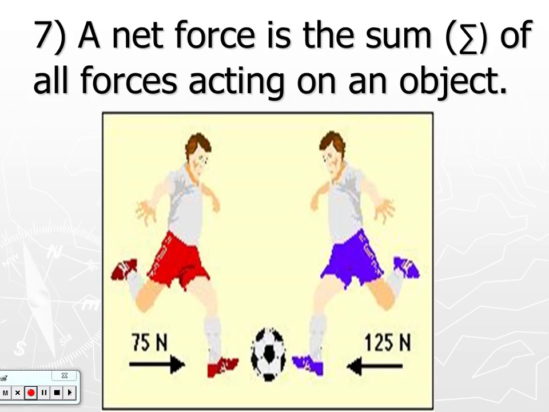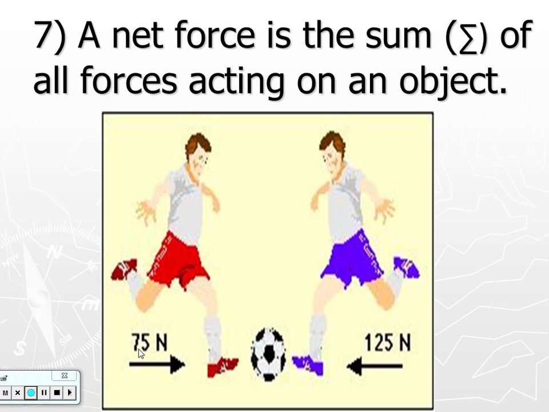Just remember though, when you're adding vectors, there are 2 important factors: the magnitude and the direction. So we're not just adding 75 and 125 here, right? We're adding the numbers and the direction. So in terms of this direction here, what is this 125, a positive or a negative? Negative, right? Should be negative.